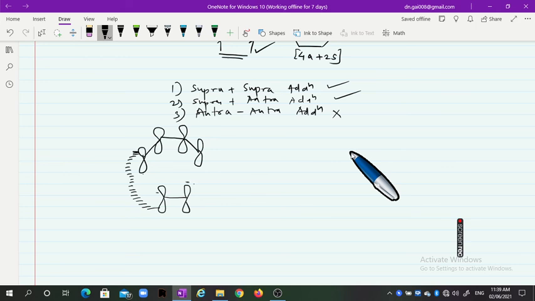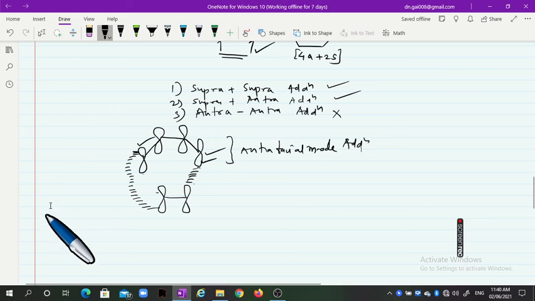The first component's upper lobe is added to this ethylene molecule, and its lower lobe is added to the other ethylene molecule. Such a mode of addition is called the antarafacial mode of addition.